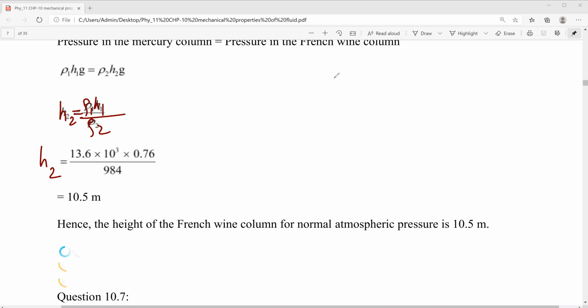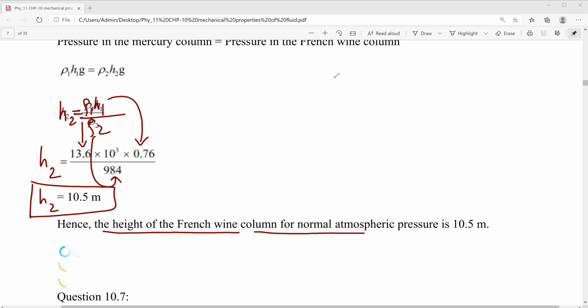So ρ1 we substituted as 13.6 into 10 to the power of 3, and H1 is substituted as 0.76, and ρ2 is substituted as 984, which they have given. After substituting, we got the height H2 as 10.5 meters. Therefore, height of the French wine column for normal atmospheric pressure is 10.5 meters. So this is the solution for 10.6.